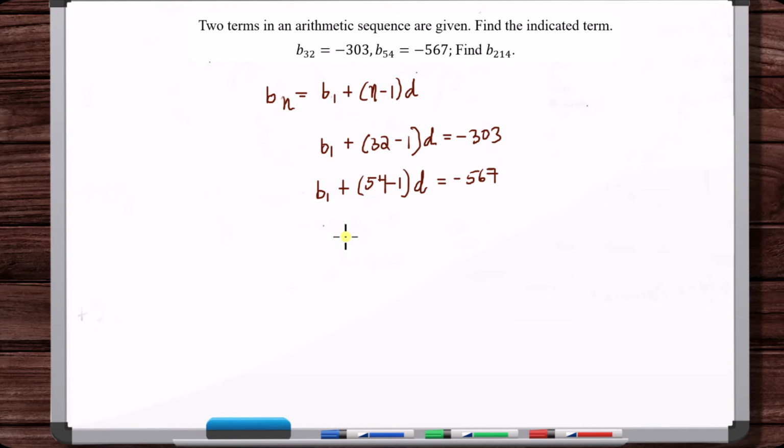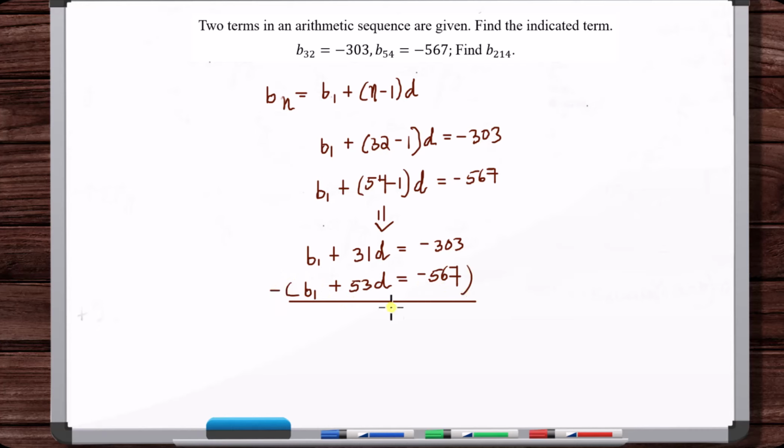So we've got b1 plus 31d is equal to minus 303, and then we've got b1 plus 53d is equal to minus 567.